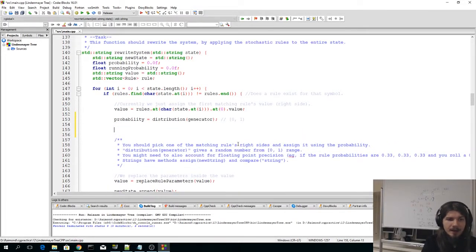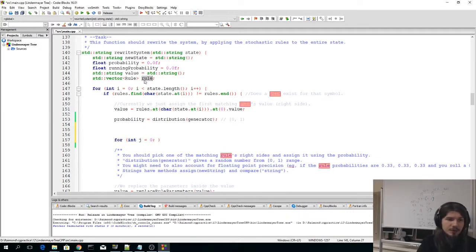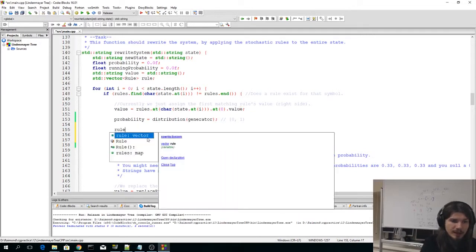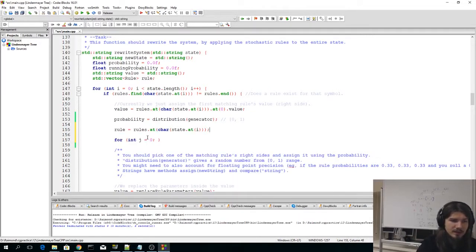Okay, and now we want to create a loop over the rules. So something like, let's not use I, let's use J. And now we need to know how many rules there were. Let's even perhaps use this rule here to assign the possible rules into.